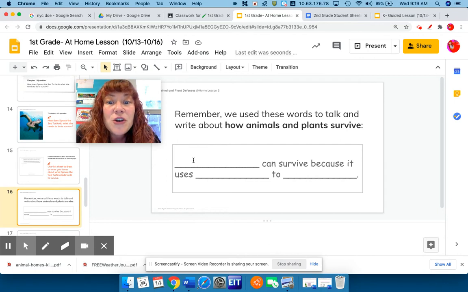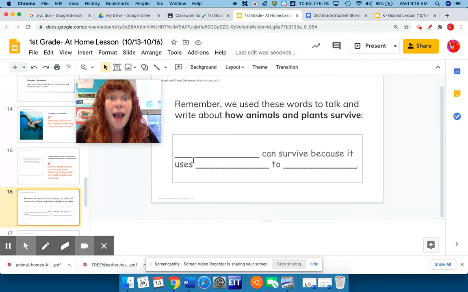A sea turtle can survive because it uses its mouth to get its food. Good. A sea turtle can survive because it uses its flippers to swim away and avoid getting eaten.